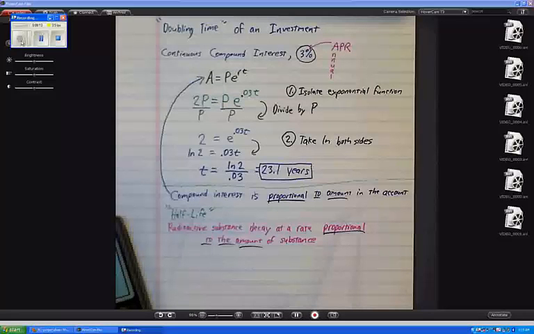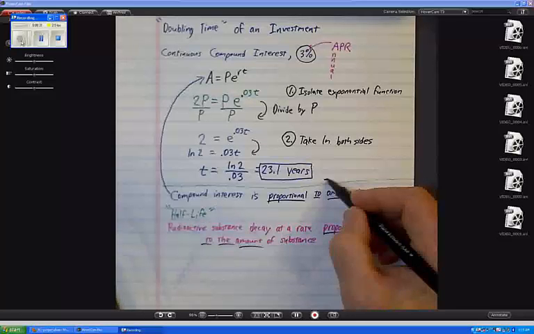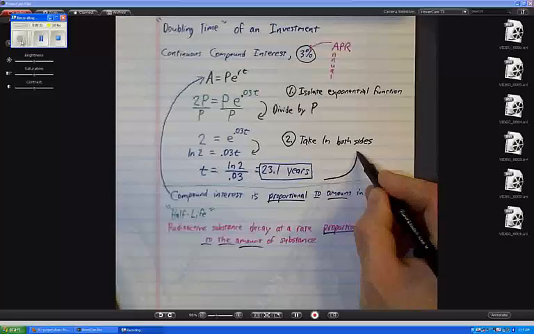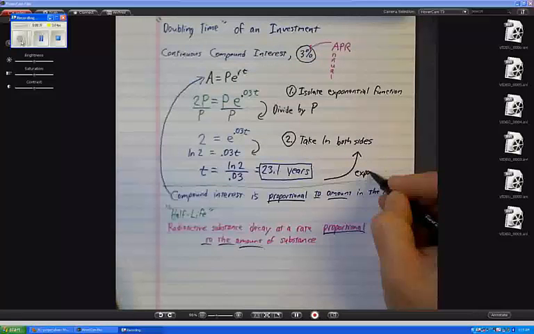Right? You earn more interest if you have more money in the account, right? You won't earn as much interest if you don't have as much money in the account. And that's why the picture of compound interest is exponential growth.